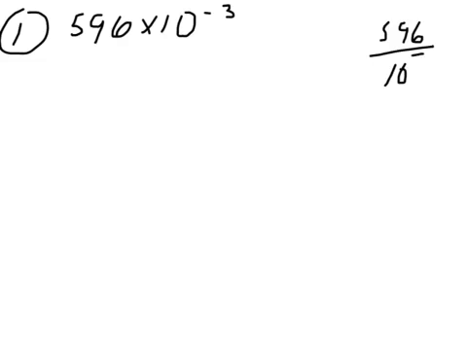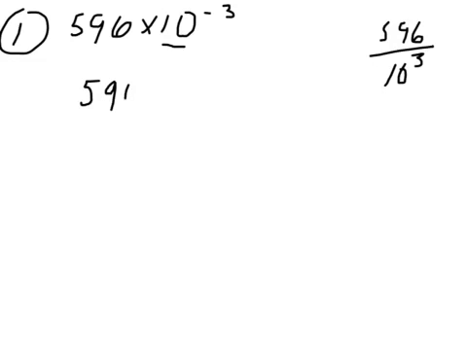Okay, so for number 13, they want us to express this as a decimal number. Well, I could write this as 596 over 10 cubed, yes, okay? But isn't this just scientific notation? I could do that. That's not really helpful, is it? I recognize this because I'm multiplying by 10 to some power as scientific notation.